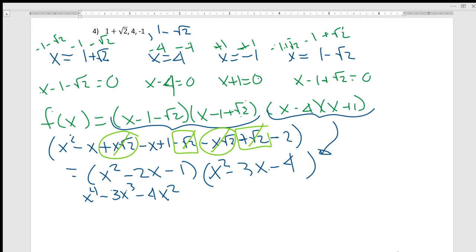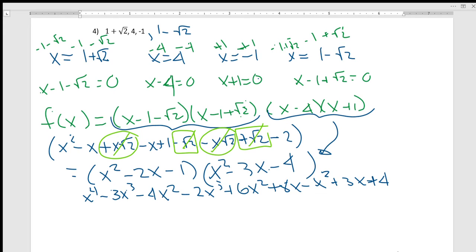Distribute the negative 2. So minus 2x to the third plus 6x squared plus 8x. And then distribute the negative 1. So we have minus x squared plus 3x plus 4.